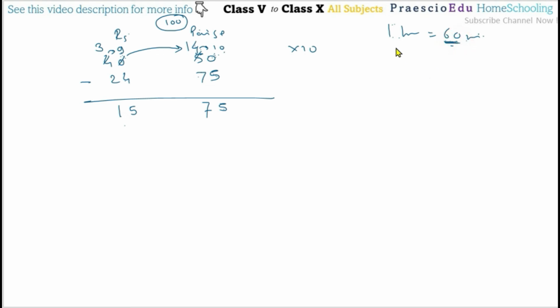After 60 there is a conversion to hours, but here after 100 there is a conversion to rupees, means it's like our regular number system, but in timing it's different. So that's why we convert 1 hour to 60 minutes and then subtract. But in rupees and paise, that method you can also use, but it is not needed. Like our regular number system subtraction, we can do it.